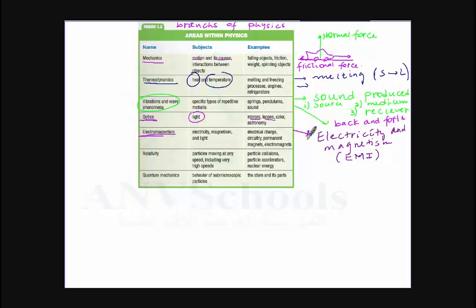So when you say flux, for example, if you have a magnet with two poles and another magnet, there are magnetic field lines which are directed from north pole towards south pole.